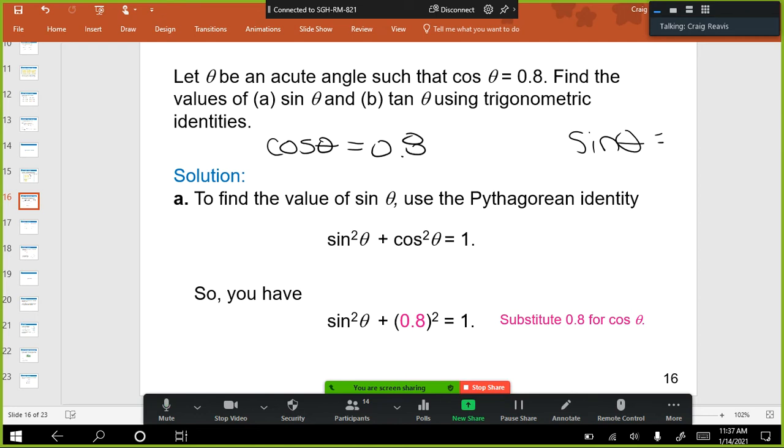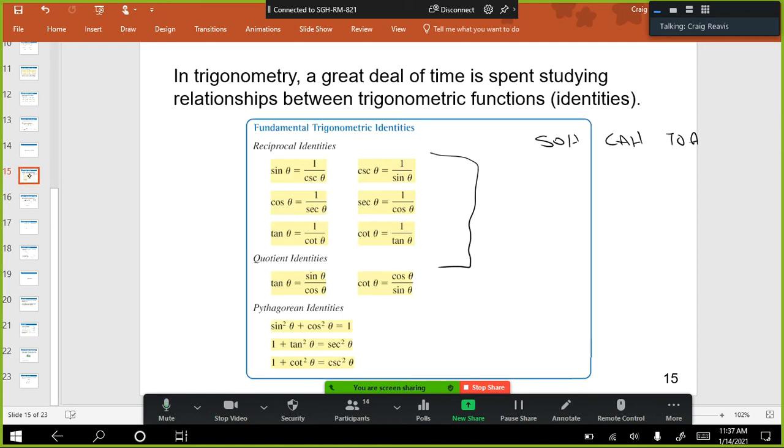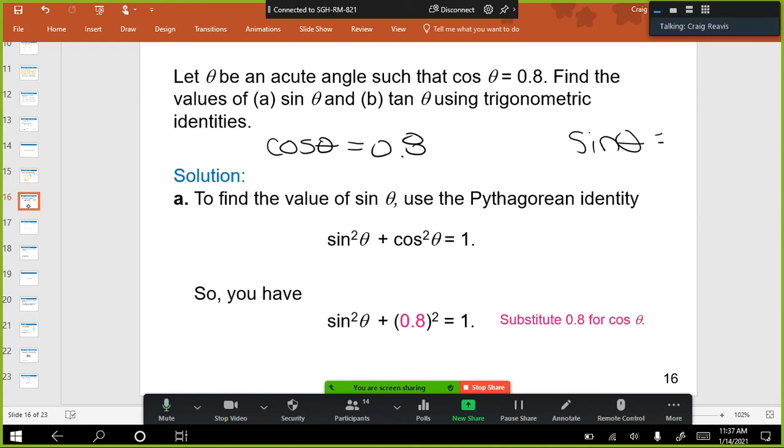If we go back to these identities, notice none of these identities compare sine and cosine except this one right here. This is the only one that compares sine and cosine. So that's why they chose it, because we're told that sine squared of theta plus, we know the cosine of theta is 0.8, so 0.8 squared, equals 1.